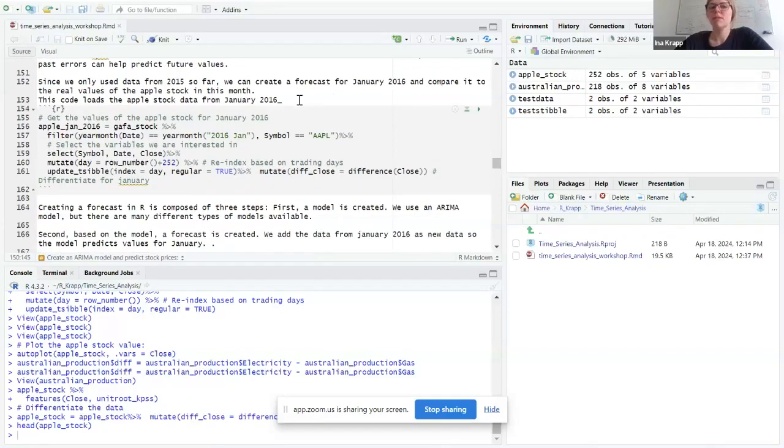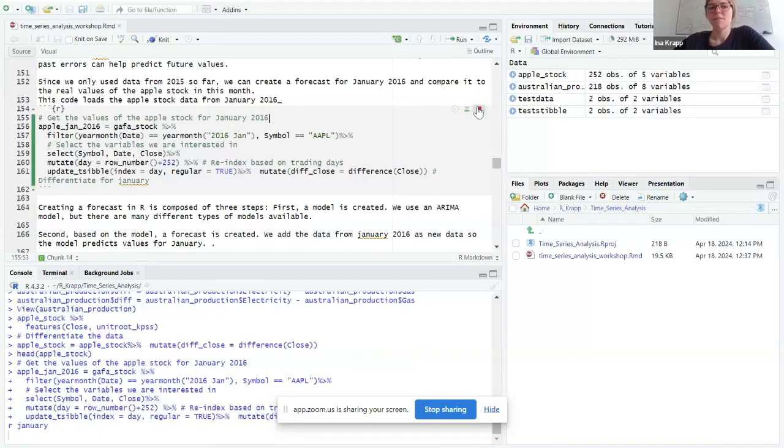Now, before we do that, I will briefly create a new data set, which will contain the values of the Apple stock for January 2016. This will be the values we will try to predict now, and that means we can directly compare with the actual values how accurate our predictions were.